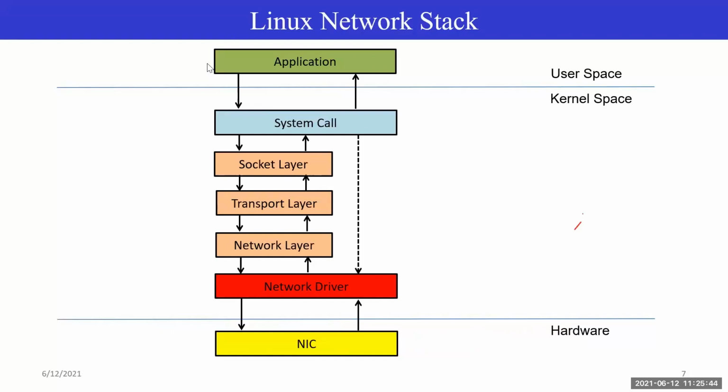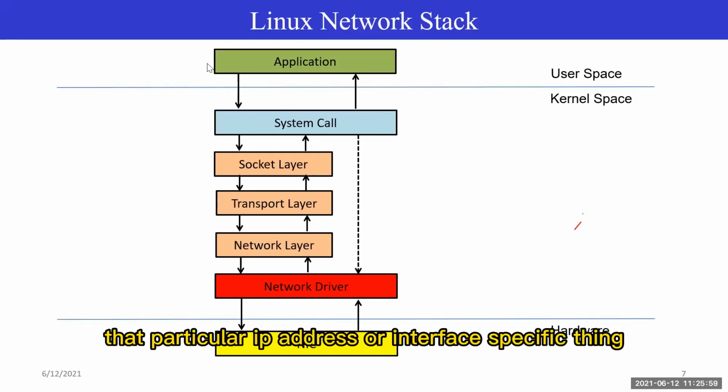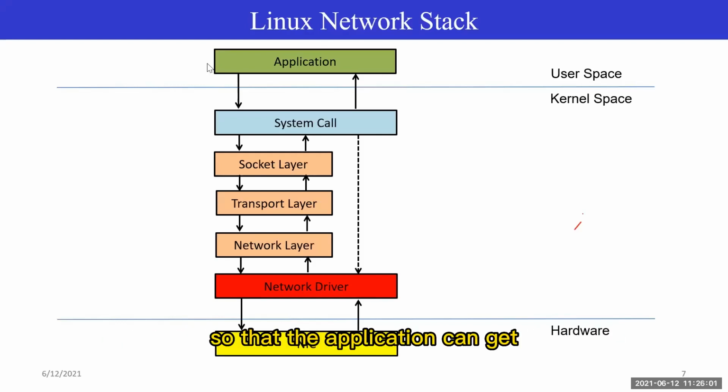Similarly, in the Netlink socket, there must be one module which is responsible for setting or getting that particular IP address or interface specific thing so that the application can get that.